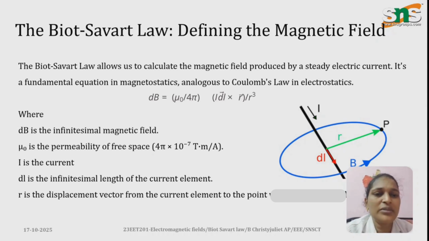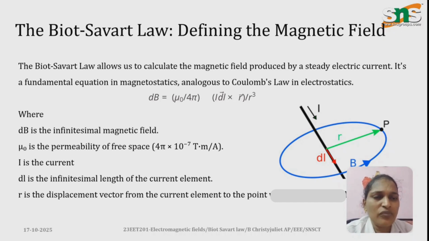It is the fundamental equation in magnetostatics, which is analogous to Coulomb's law in electrostatics. We have already dealt with Coulomb's law in electrostatics, which is the basic law which provides the electric field intensity of any charged particles.